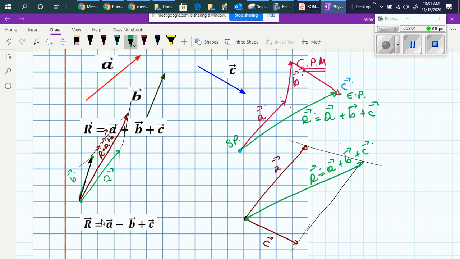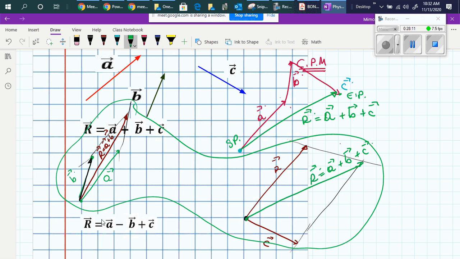So as you see, the closed polygon method is this one here, and the parallelogram method is this one here. It is way more confusing when we have more than 2 vectors to operate with. And if we have 4, then you take this resultant and draw it again.